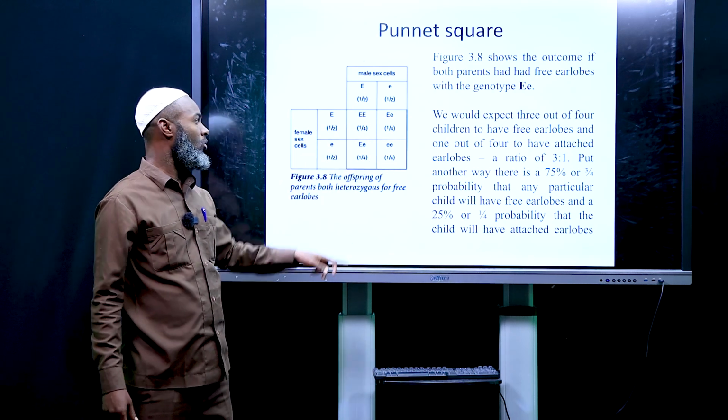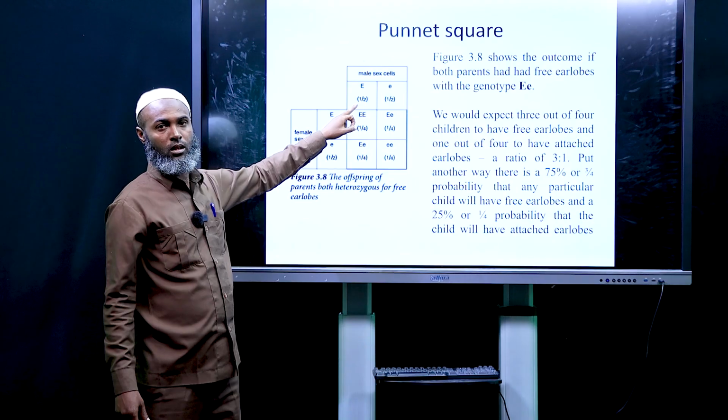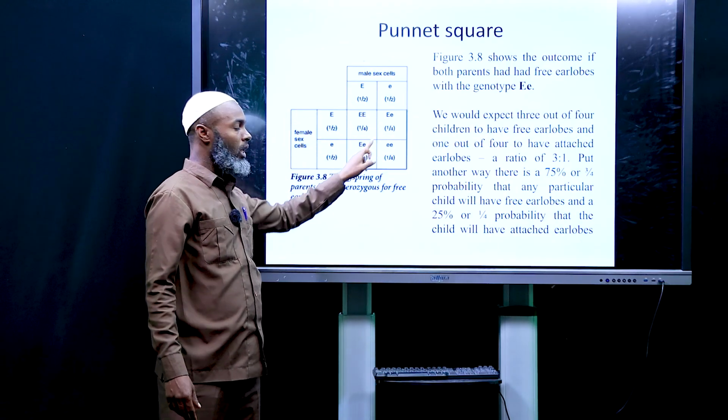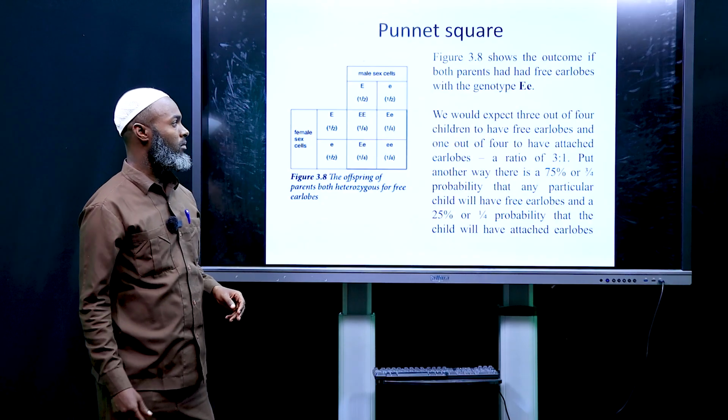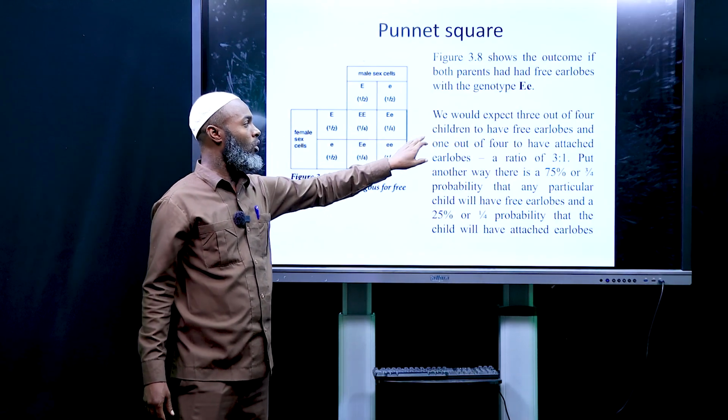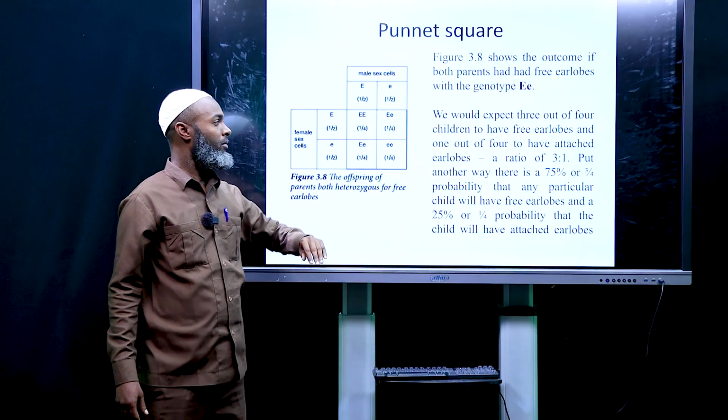So 1/4 would become homozygous recessive, one becomes homozygous dominant, and the two others are heterozygous. So we would expect 3 out of 4 children to have free earlobe.